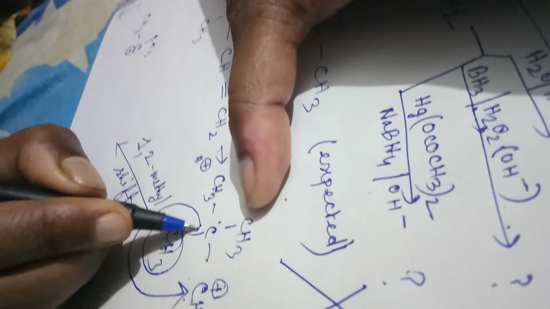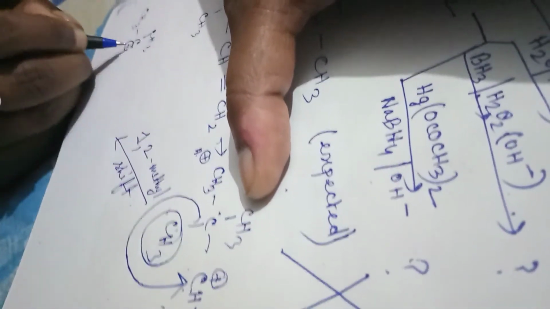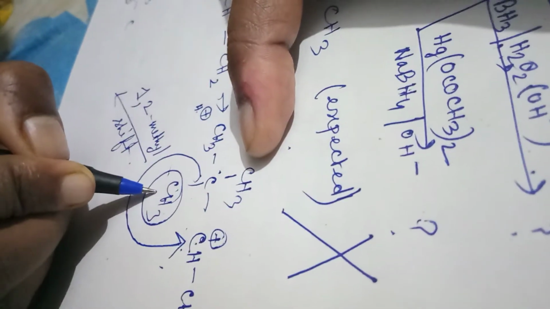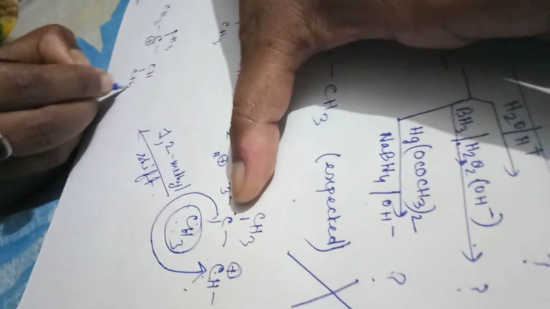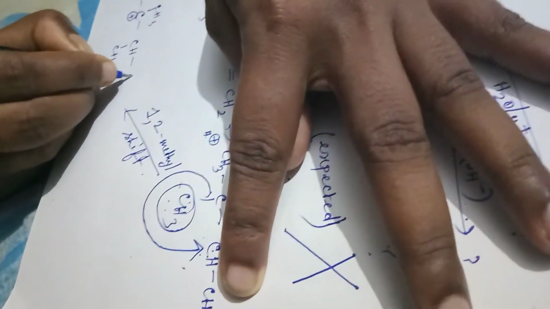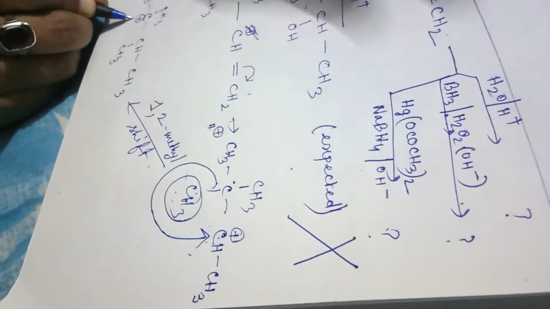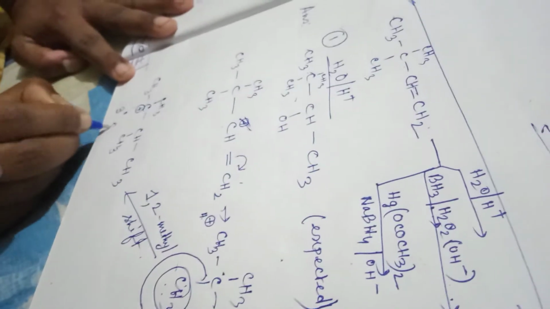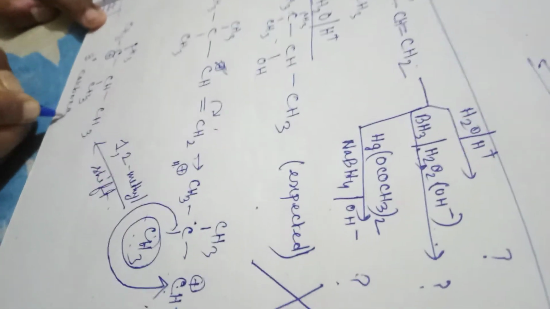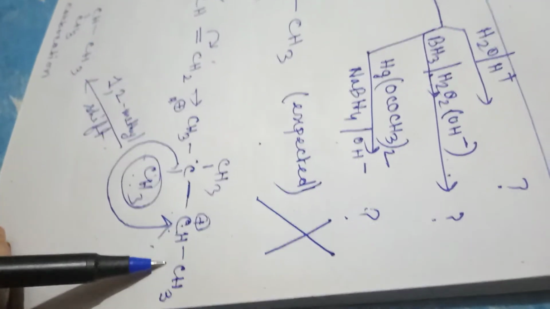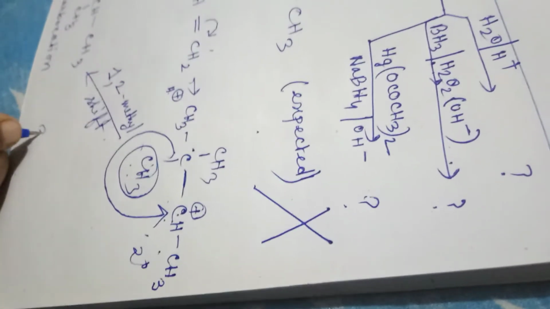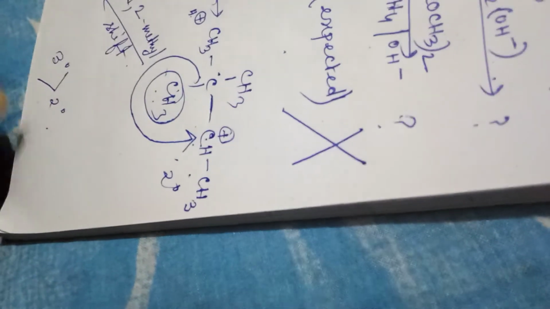The carbon which was positively charged is attacked by the methyl, so it loses its positive charge and is attached with this methyl group. Another thing, this CH3 will be as it is. Now you are getting the tertiary carbocation. The previous one was the secondary carbocation, isn't it? Now which one is more stable? Obviously the tertiary carbocation is more stable than the secondary carbocation.